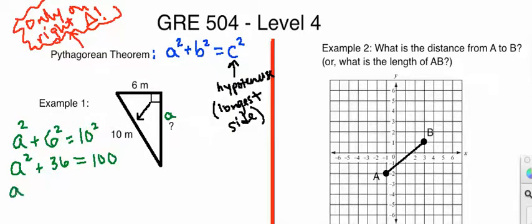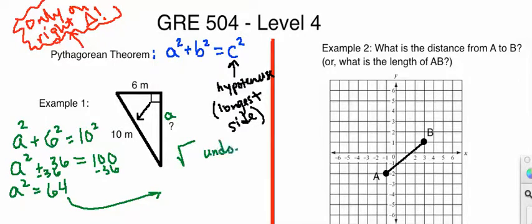Okay. A squared, now we're going to take away this 36, so subtract 36 from both sides. So a squared is going to equal 64. Now, to undo a square, just like division undoes multiplication, subtraction undoes addition, square root undoes a square.